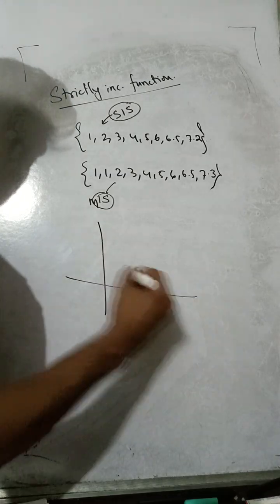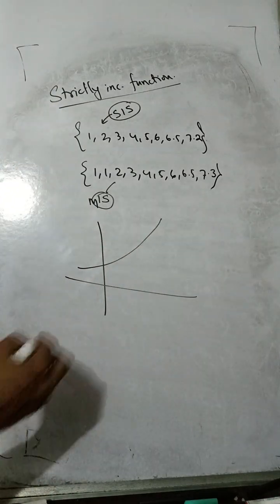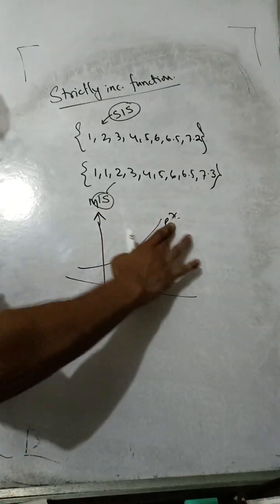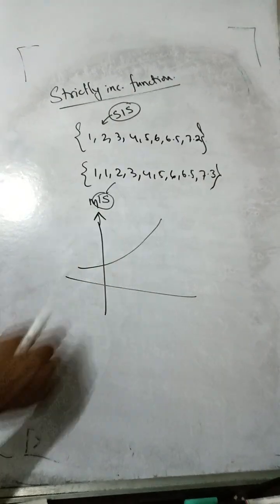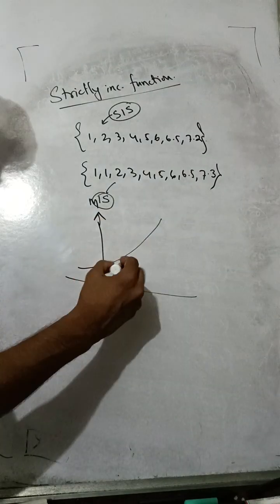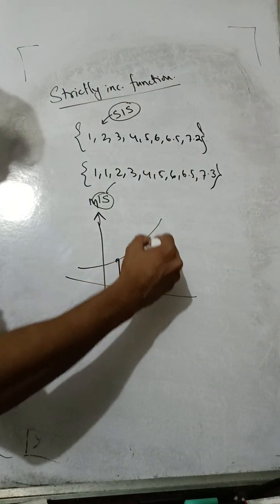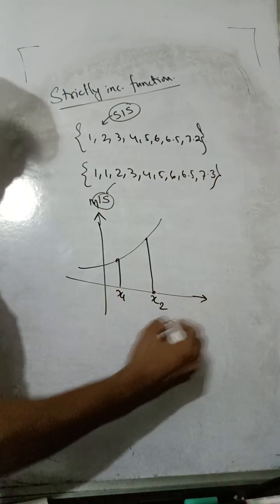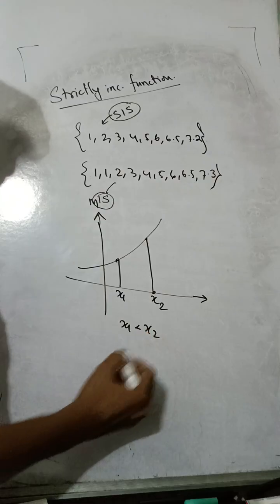Suppose by graph, suppose we have this graph. Forget about e power x, just take this as a graph. Now take any 2 points, x1 and x2 on the x-axis, where x1 is less than x2.